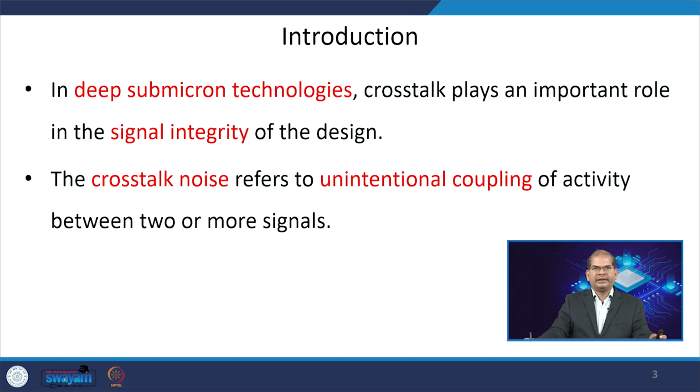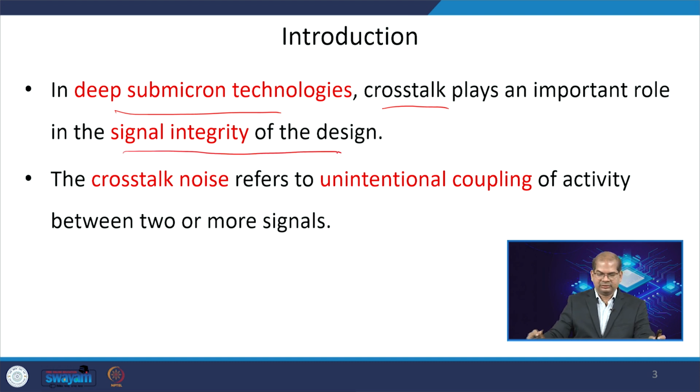So, basically in deep submicron technologies, crosstalk is one of the most important parameters in the signal integrity of the design. It plays a very vital role in the signal integrity of the design. So, people spend a lot of time doing this analysis to conclude that there is no issue due to crosstalk. So, what is this crosstalk actually?